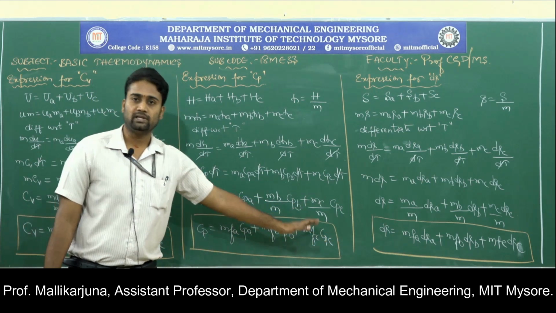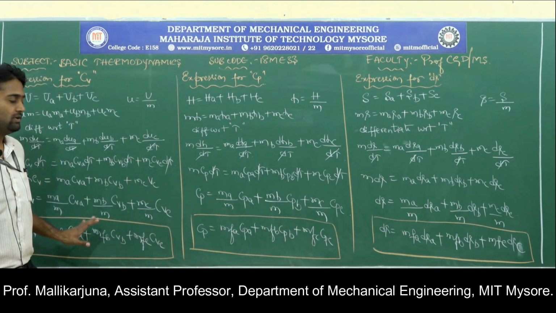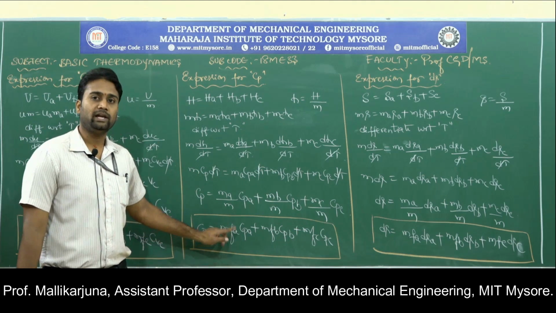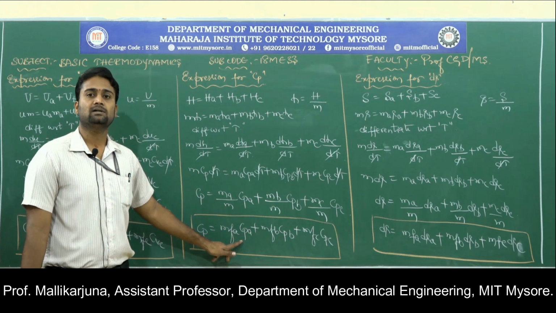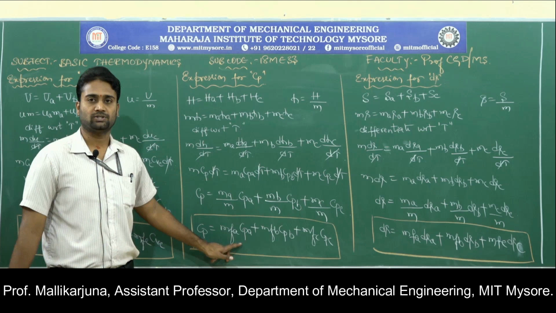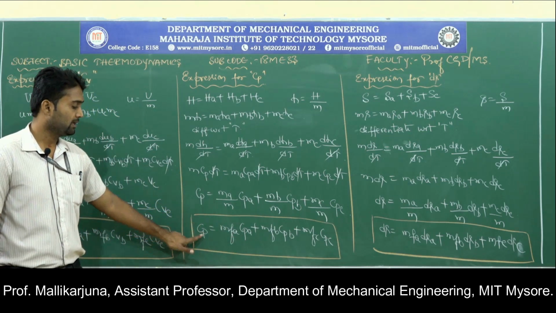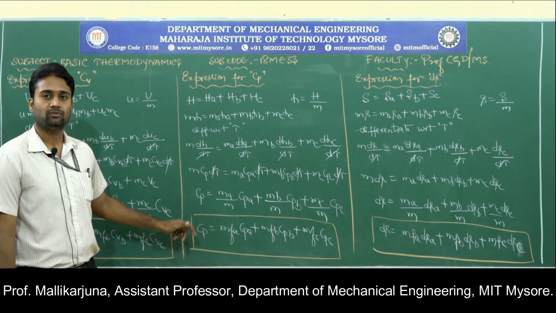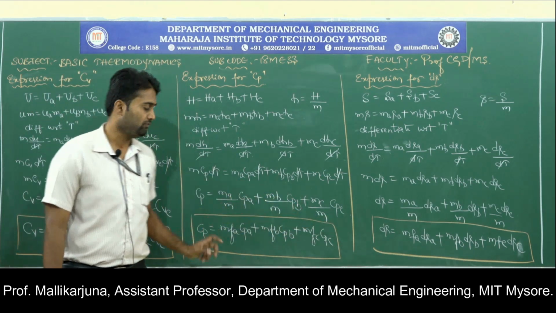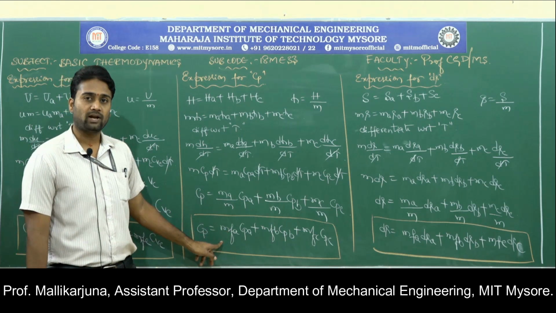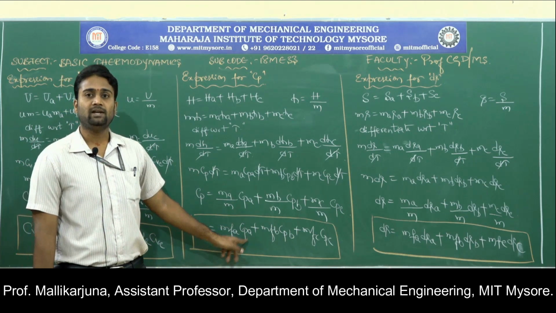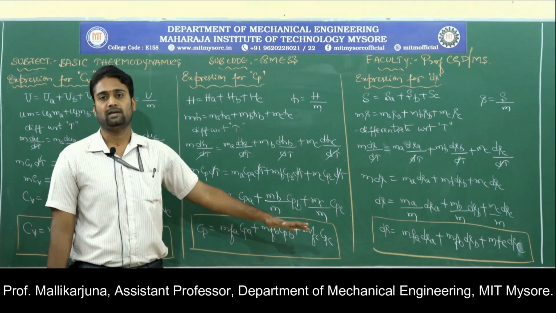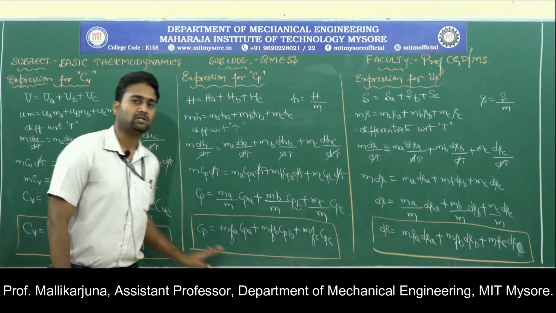Here also it is a very similar equation to that of the Cv: mass fraction into the corresponding gas's specific heat at constant pressure. What I mean to say is, the Cp of the mixture, the specific heat at constant pressure of the mixture, is nothing but the summation of the product of mass fraction and specific heat of the corresponding individual gases. So that is the expression for Cp.